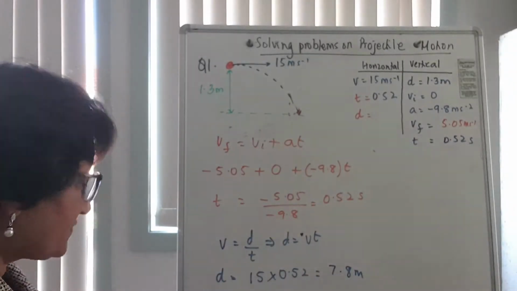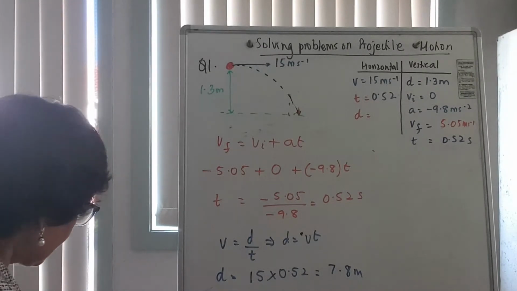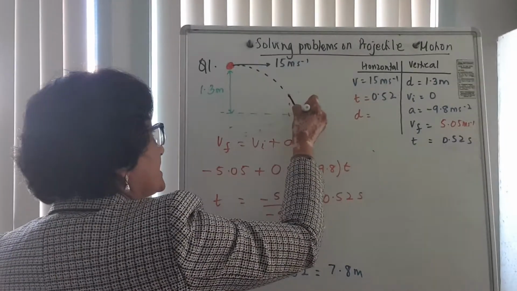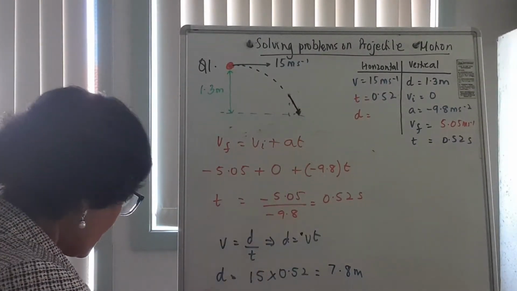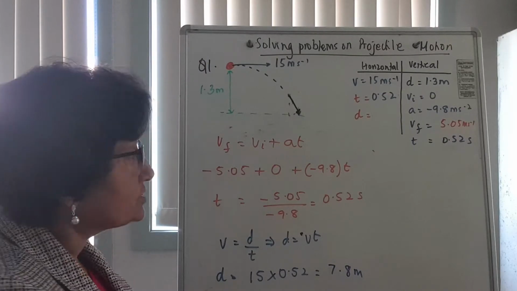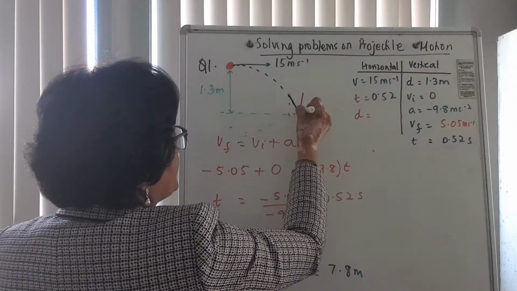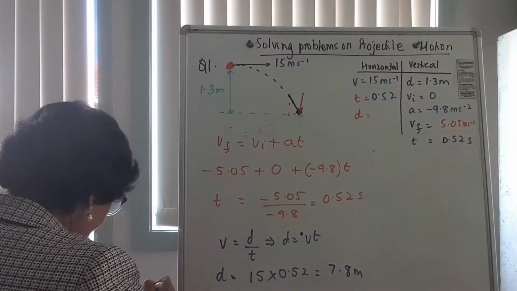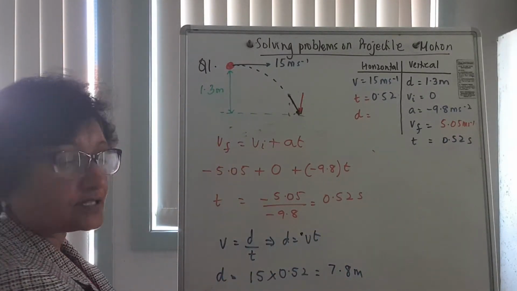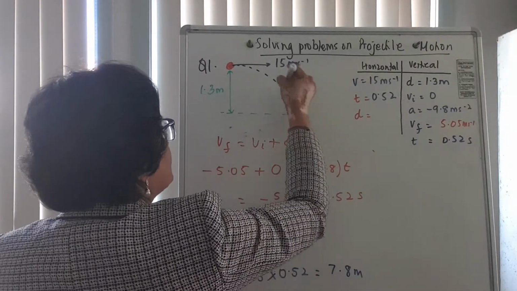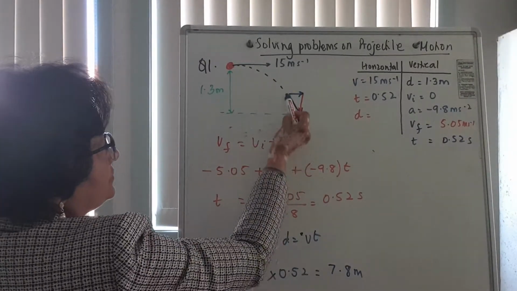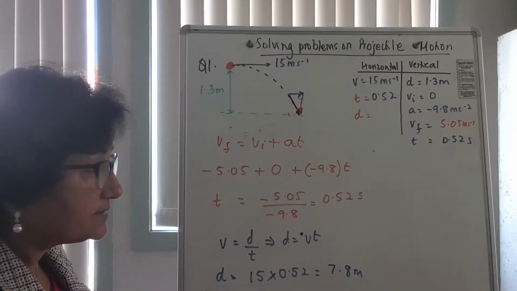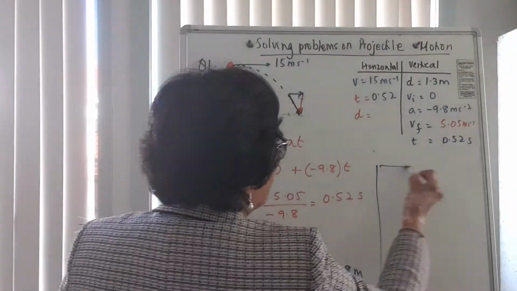Now the last part of our question, and which I'll do on this side, is to find the resultant velocity. So this is how the projectile lands on the ground. When it lands on the ground, it's got two sorts of velocities. So it's got this vertical velocity, which was 5.05, and it's also got this constant horizontal velocity, which is 15 meters per second. So this black line, or the resultant velocity, we can find by using Pythagoras, and I'll just do that here.